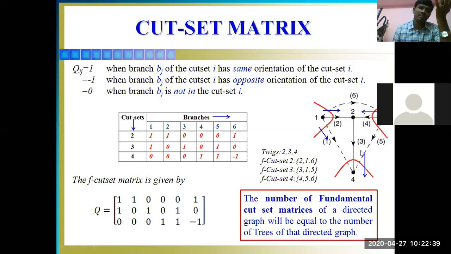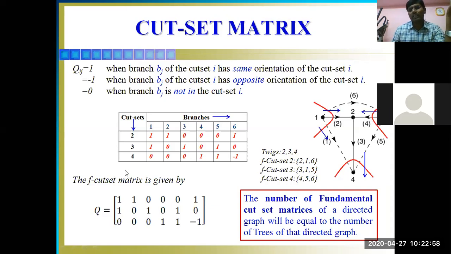Instead of 2, 3, 4, if you take 2, 3, 5, you can get a different matrix. Instead of that, if you take 3, 4, 6 as a tree, you can get a different matrix.